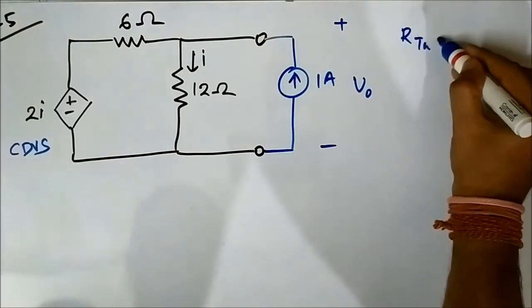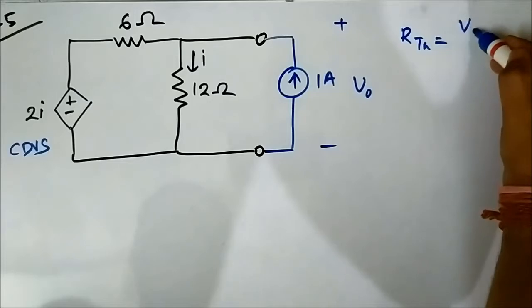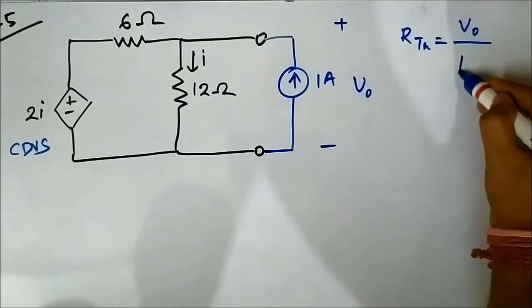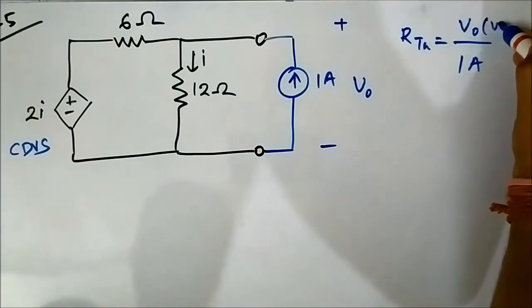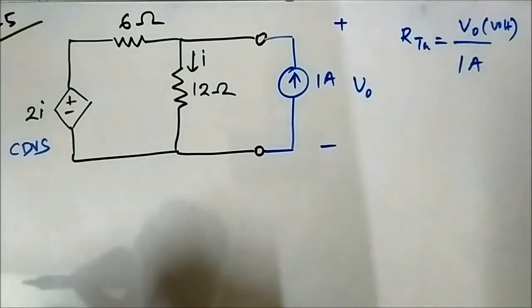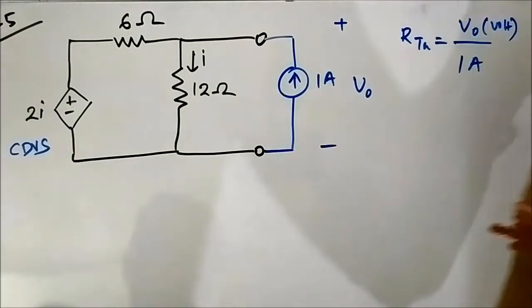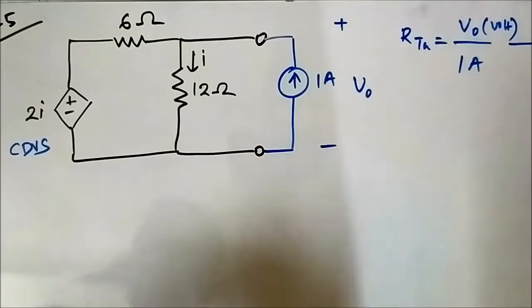RTH will be equal to V0, the terminal voltage, by 1 ampere. It's in ohms. This is the important equation 1.